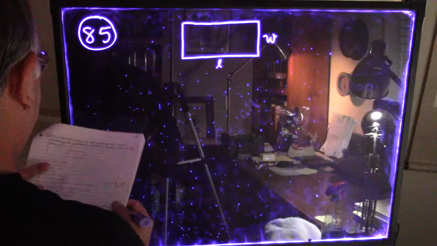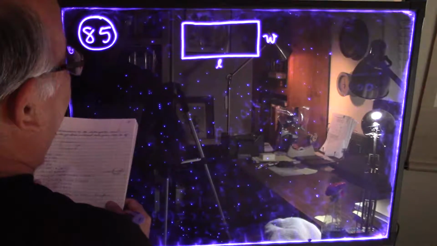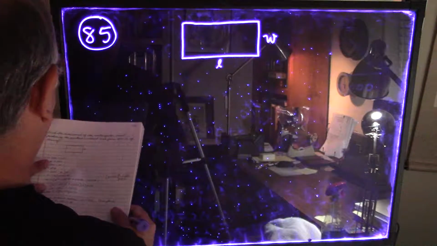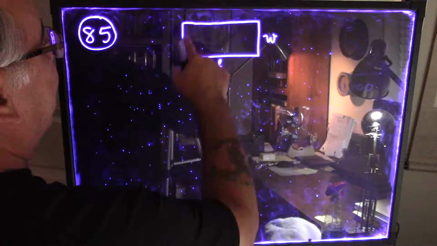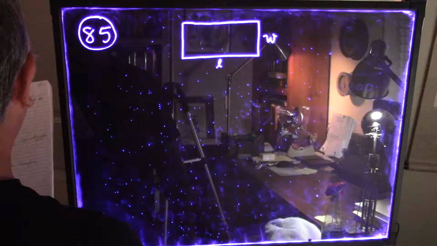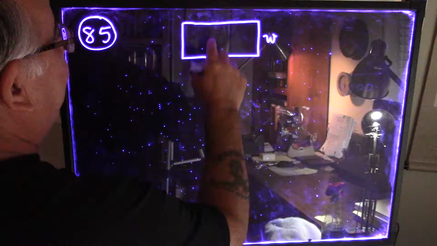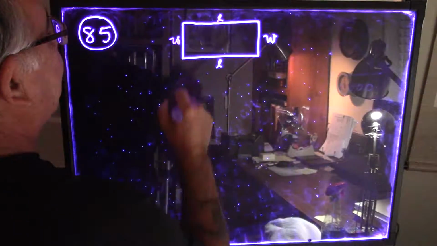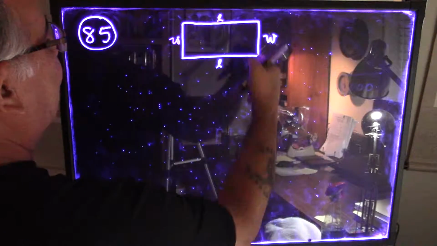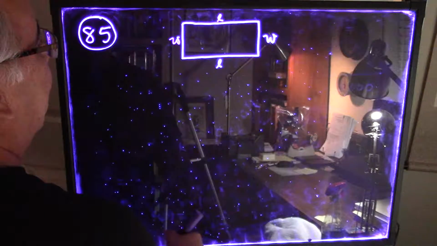It really helps, actually. Well, it says we've got 200 feet of fencing. That means all the way around adds up to 200. So we've got 2 of these L's and 2 of these W's, right? If this is length and call that width, you can call these whatever you want.